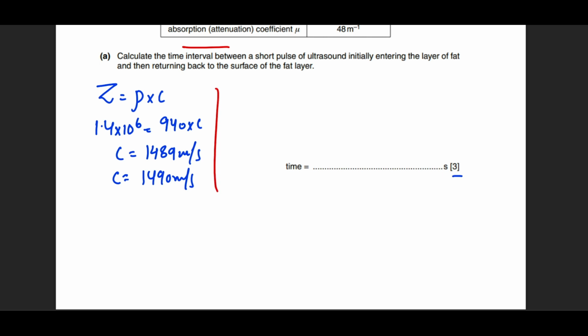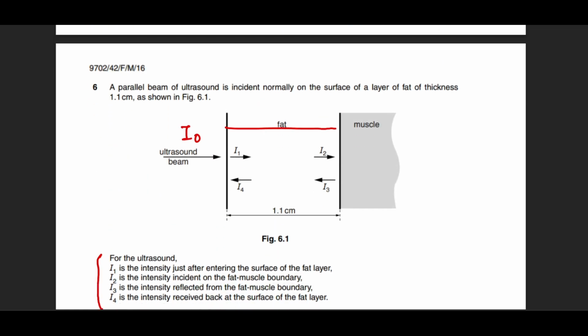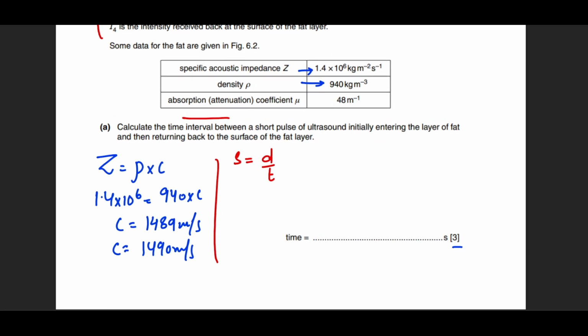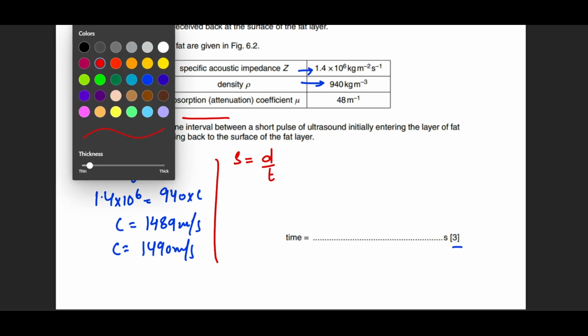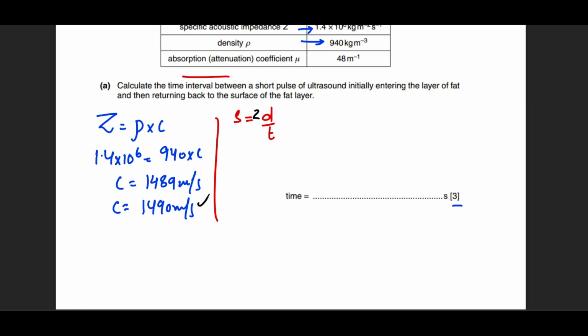Next, I want to use the formula for speed equals distance over time. Now, since we are dealing with twice the distance, let's consider this to be the distance d. Since one time it has to go, one time it has to come back, this distance has to be taken twice. So this will be changed by a factor of 2 times d. I find the speed, which is 1490, equals 2 times 1.1 into 10 raised to the power minus 2.